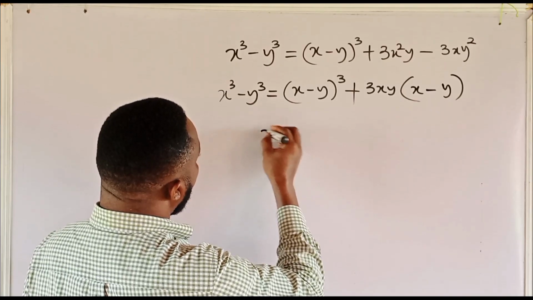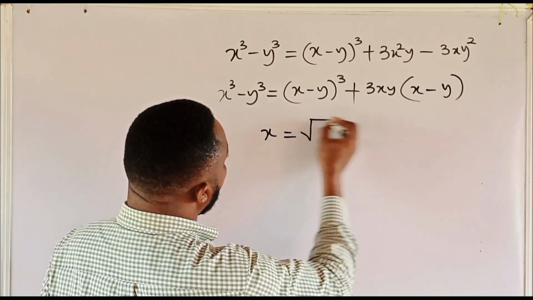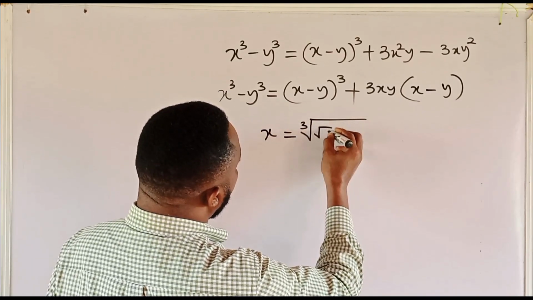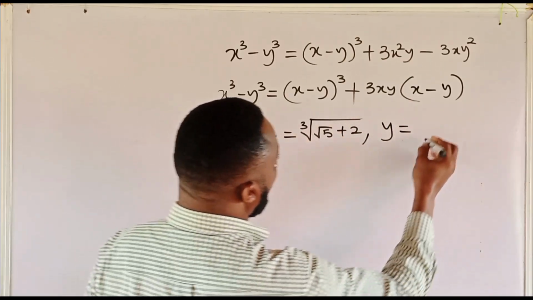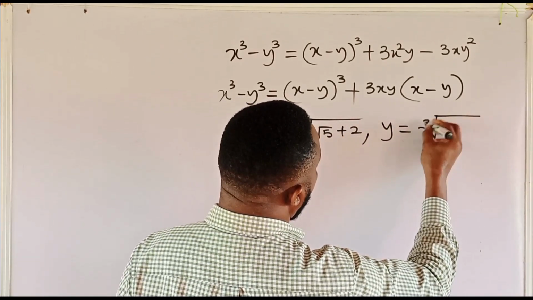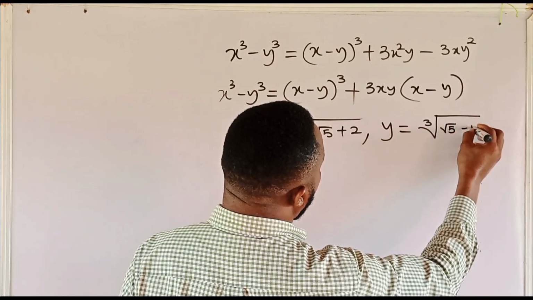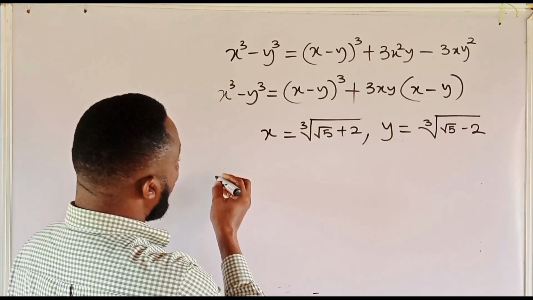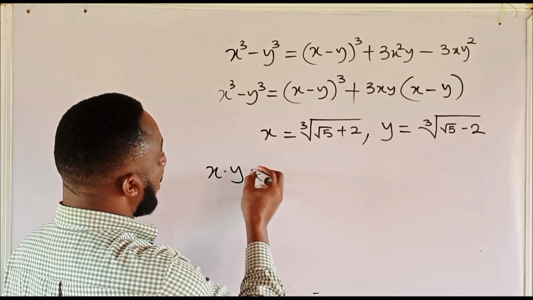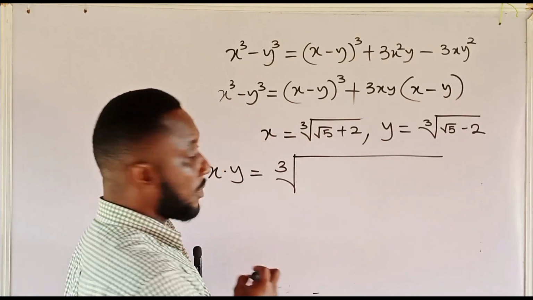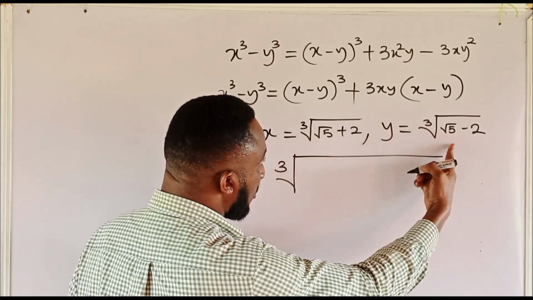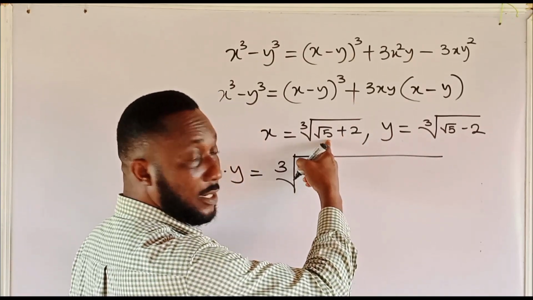So we record that s is the cube root of root 5 plus 2, and y is the cube root of root 5 minus 2. So s multiply y is going to give us the cube root. Then I will multiply these two inside this radical.